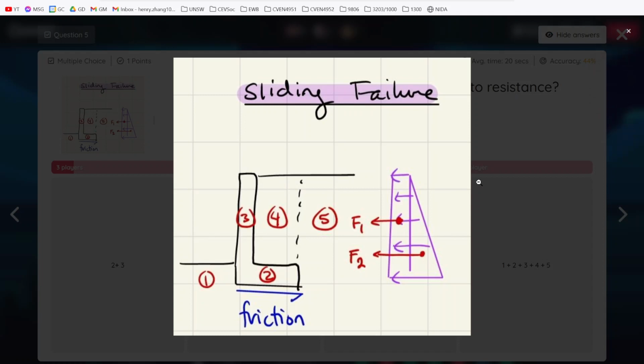So that comes from the weight of everything from 2, 3, 4, everything above there, right? But we also have to account for the fact that region 1 is going to have this resisting force that's going to stop sliding as well, right? So it's 1, 2, 3, and 4.